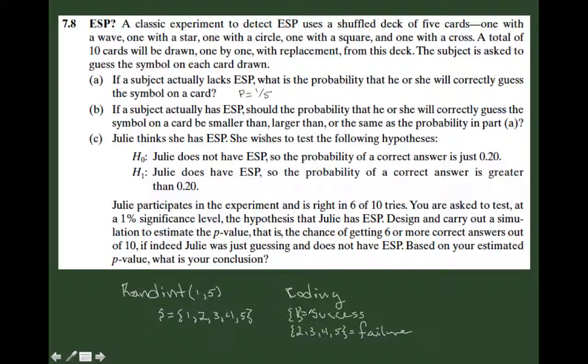Notice in this way, if random int produces a 1, that's a success, else is a failure. There's 5 possibilities, so this is going to simulate a success rate of 20%, or 1/5.